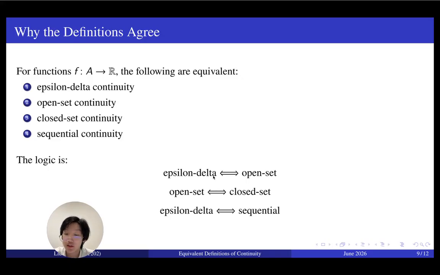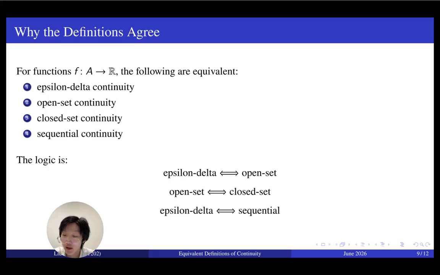Now I will explain why these definitions agree. For a function from A to the real numbers, epsilon delta continuity, open set continuity, closed set continuity, and sequential continuity are all equivalent. The logic is that epsilon delta continuity is equivalent to open set continuity.